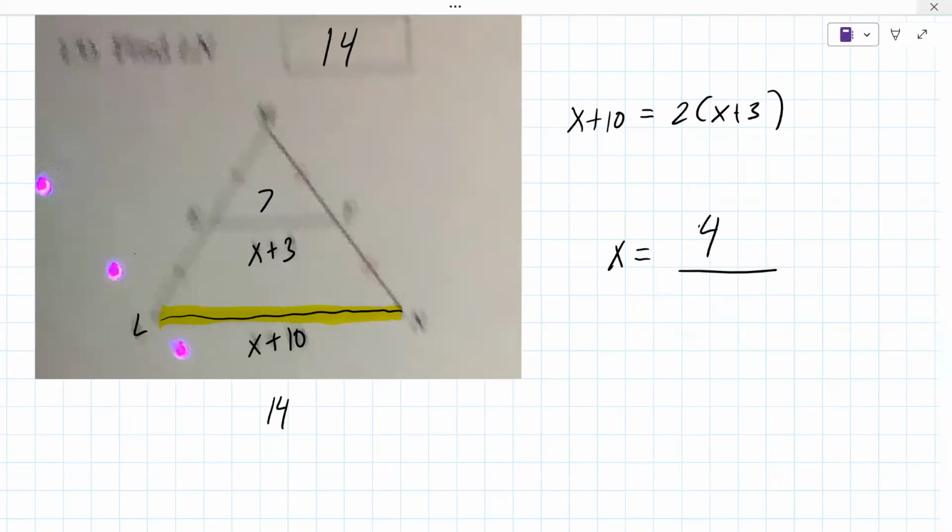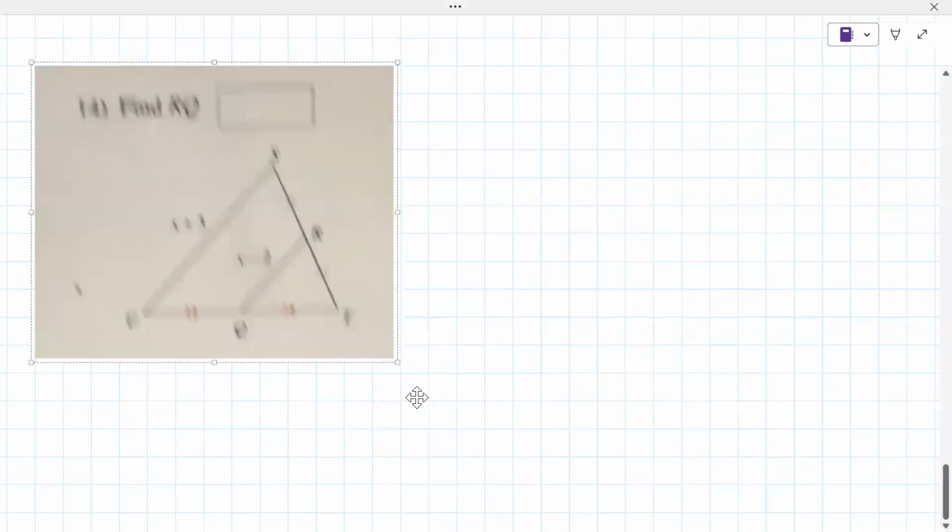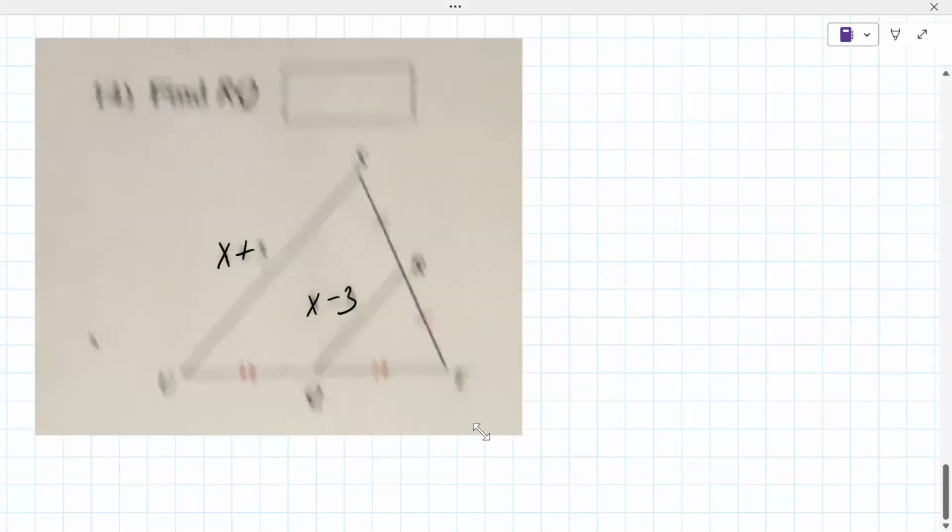Okay. All right, so for 14, here, x minus 3. Does that look right to you?